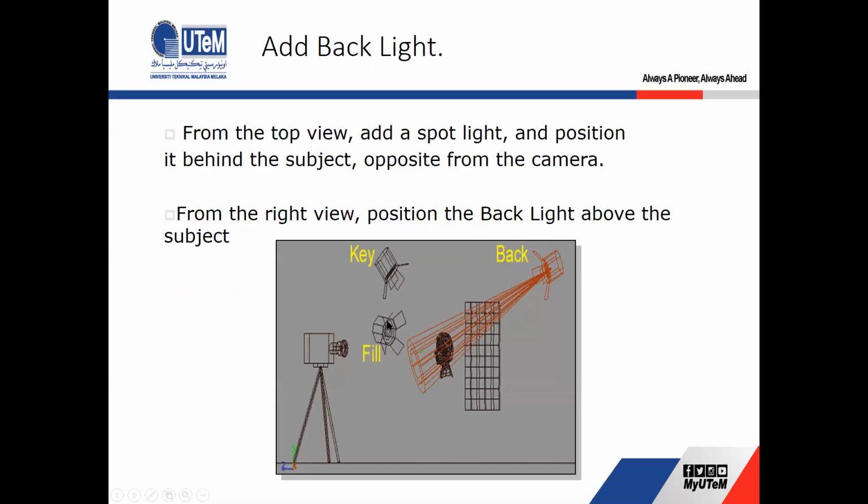This is our fill. The fill cannot be higher than the key, and this is the backlight. So this is the camera. So from all the different sides, the whole object can be clearly seen by the camera.